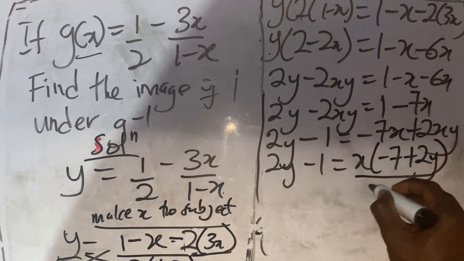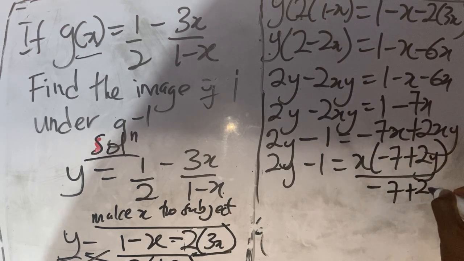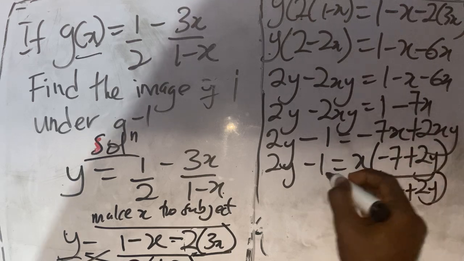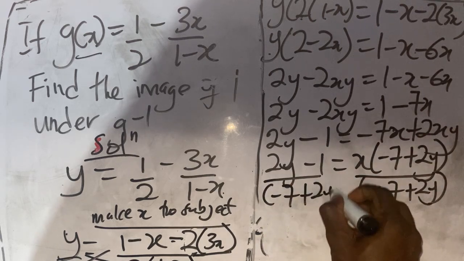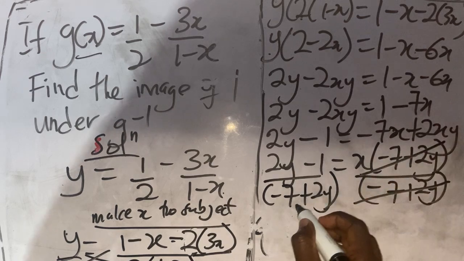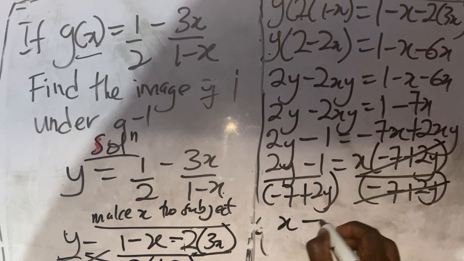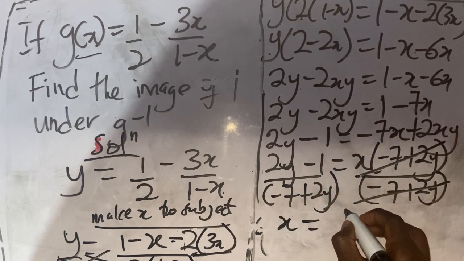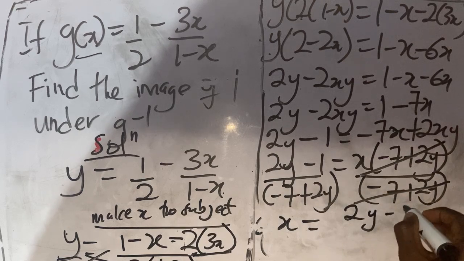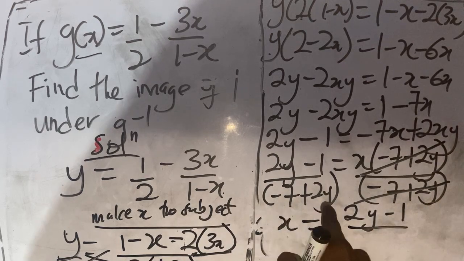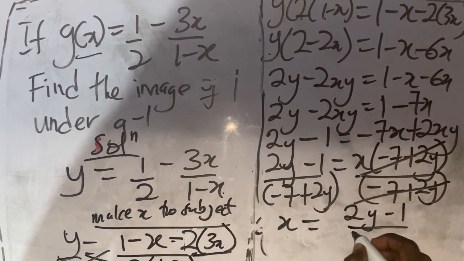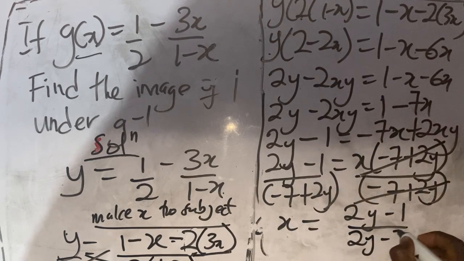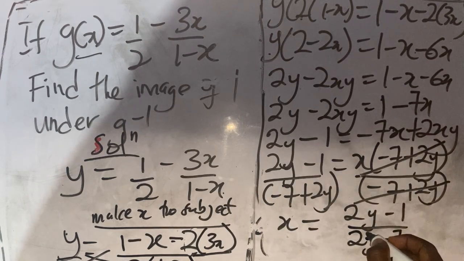So I divide by minus 7 plus 2y, which cancels out, and I'm left with x being equal to 2y minus 1 over minus 7 plus 2y. And remember, because of this negative, I can send it to this side, so I can write it this way, 2y minus 7, which is still the same, right?